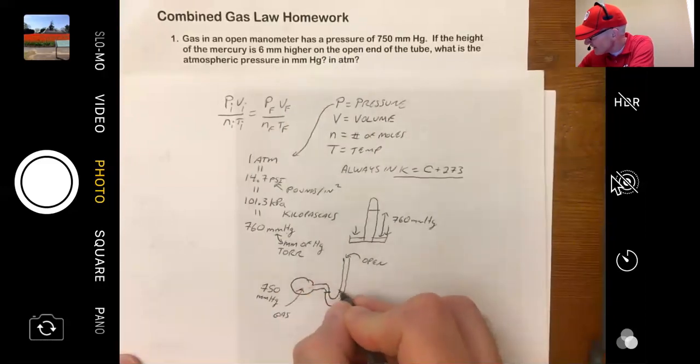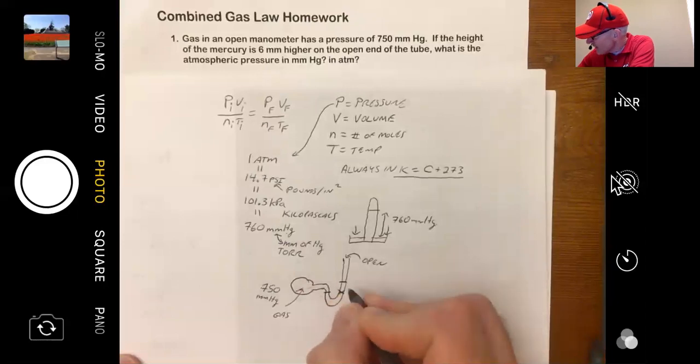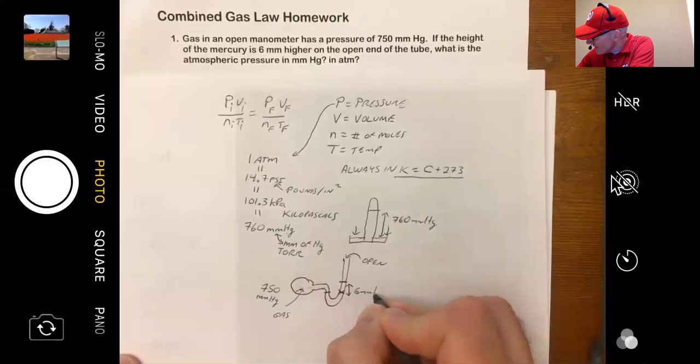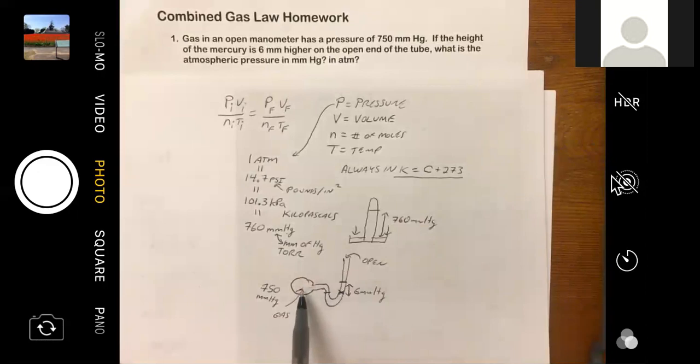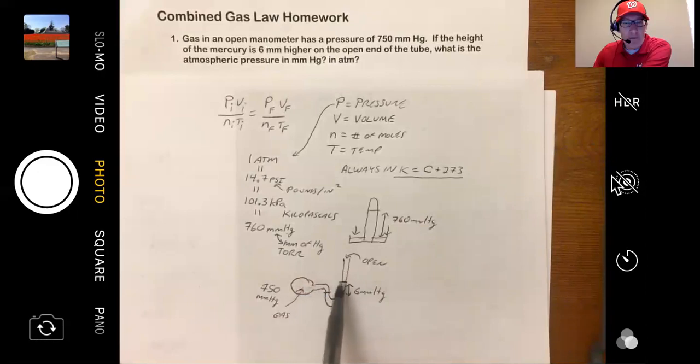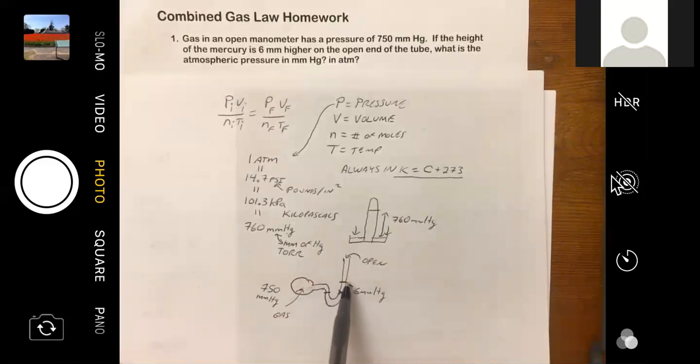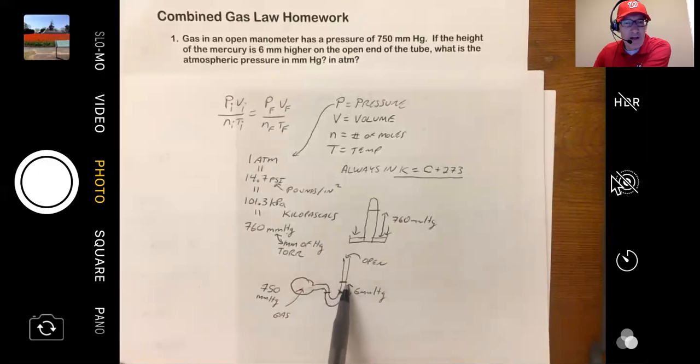So I'm going to get rid of this and draw a line up here. I've got to think about this carefully, Lauren. Where would you say the higher pressure is, on the inside or on the outside? Well, if the pressure on the outside was higher, I would be pushing down on this liquid harder than this gas would be pushing.